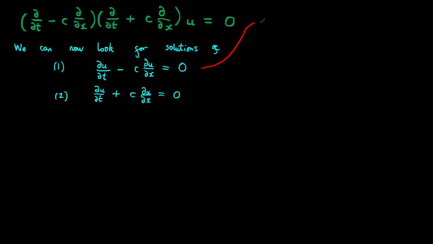Well, I won't go into too much detail here. You can see the first video on the method of characteristics that dealt with this case where we have constant coefficients. But we can rewrite this as the vector minus c, 1, dot product with ux, ut equals 0, so that's just rewriting it in a different form as a dot product of two vectors.